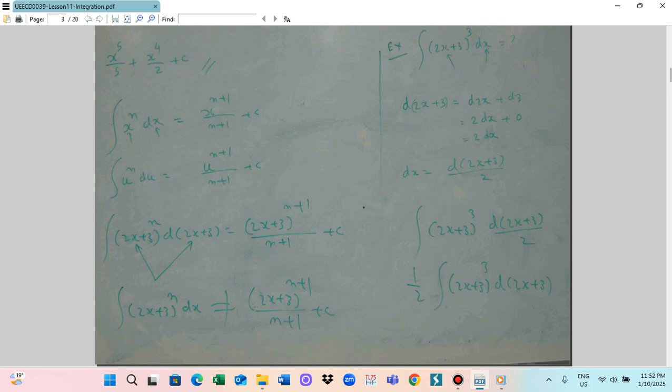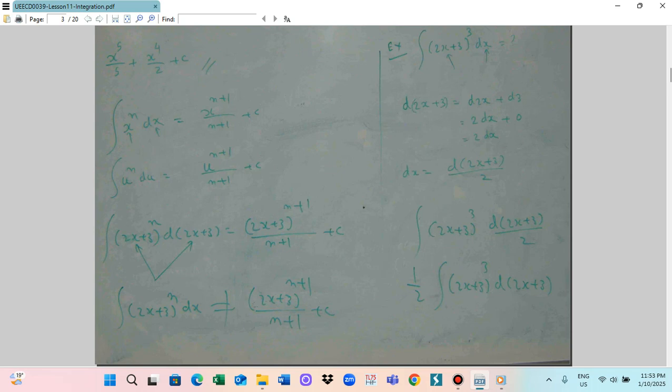Okay, another one is when you integrate x power n dx. This and this must be the same. So in this case you can write x power n plus 1 divided by n plus 1 plus c. Similarly, u power n du, you can write u power n plus 1 divided by n plus 1 plus c.